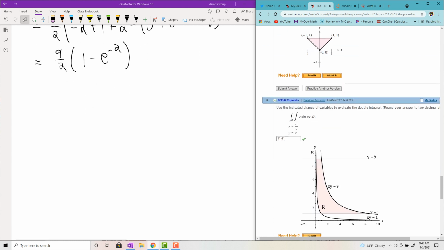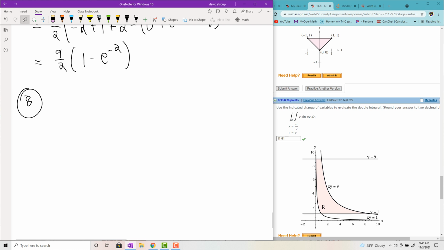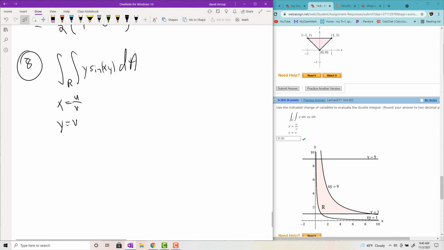Let's do number 8. So our integral is y sine of xy dA, and we have x equals u over v, and then y equals v. So the region that's drawn out, this time they finally give you the formulas here that you want.